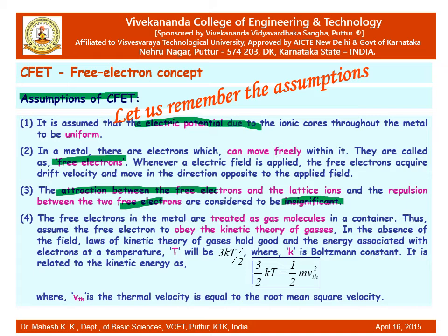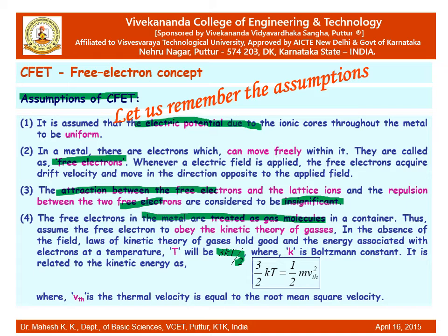The last point, which is important for our explanation, is free electron gas. Free electrons in the metals are considered as gas molecules. Because of that, the kinetic energy of gases is 3 kT by 2.